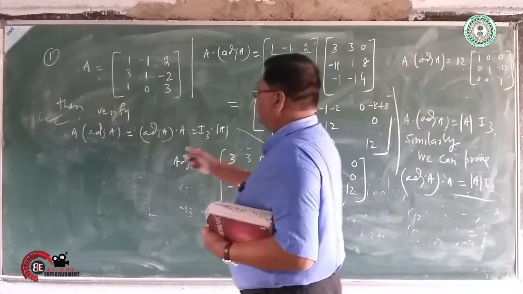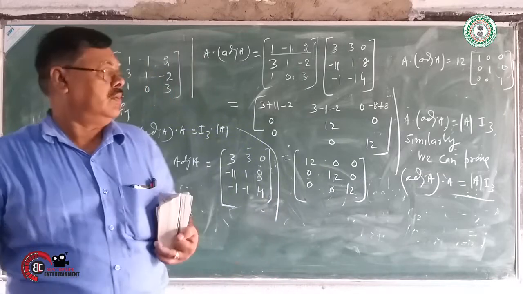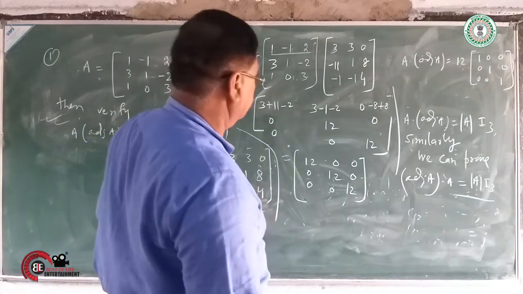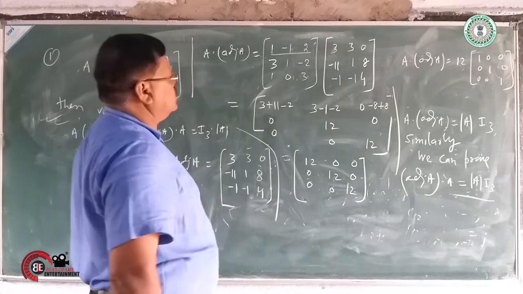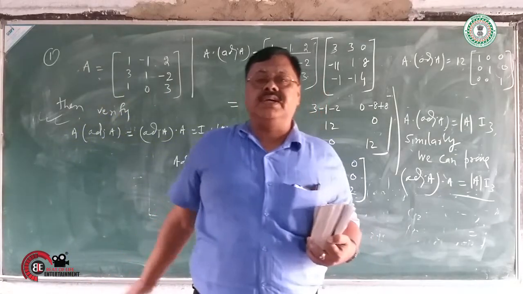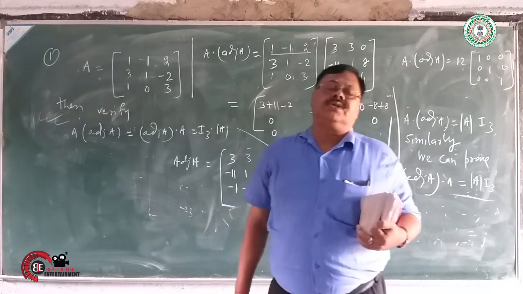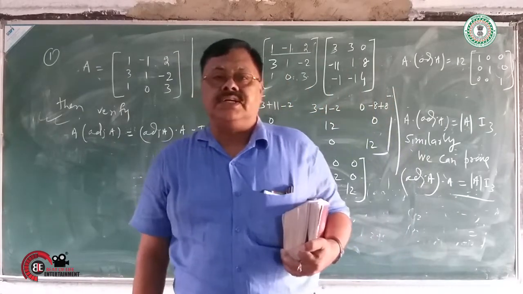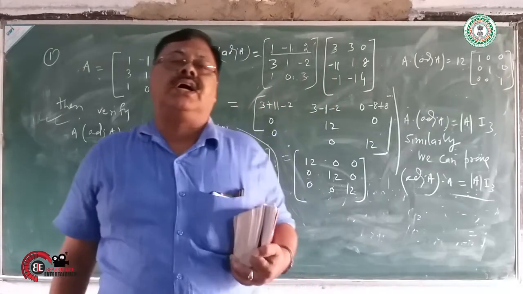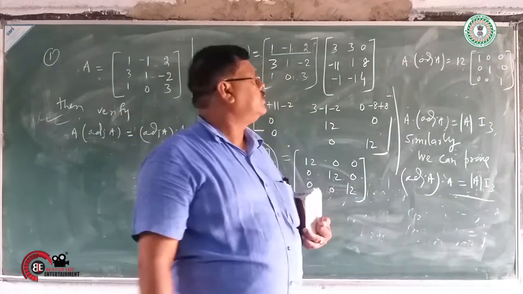So this property is verified for this square matrix A. This is the process to verify this property: A into adjoint A is equal to adjoint A into A, equal to determinant A into I, if A is of order 3, I3. So this is the thing.